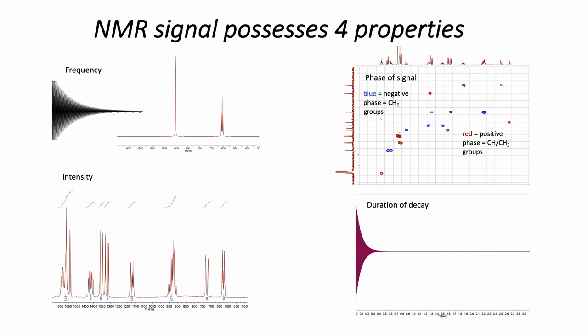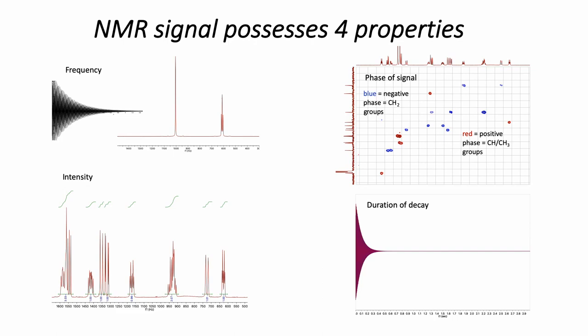So I said blue is negative. Think of the blue cross peaks as being holes going down into the plane, and think of the red ones as coming out of the plane. The way that this experiment is acquired, it makes methylene groups have a negative phase, and it makes methyl and methine groups have a positive phase.